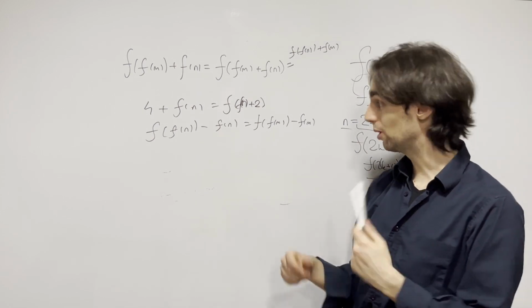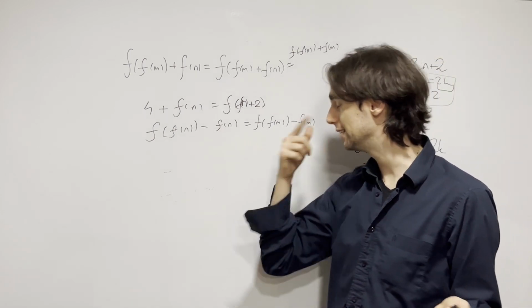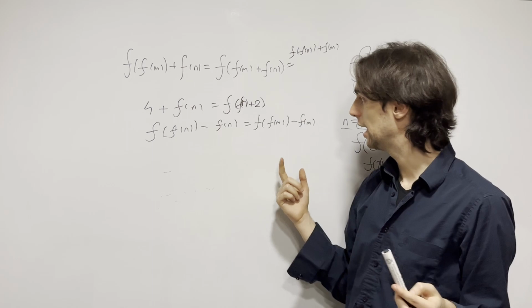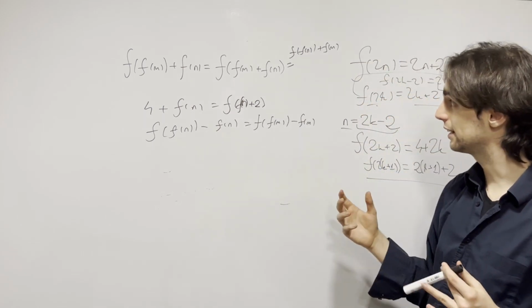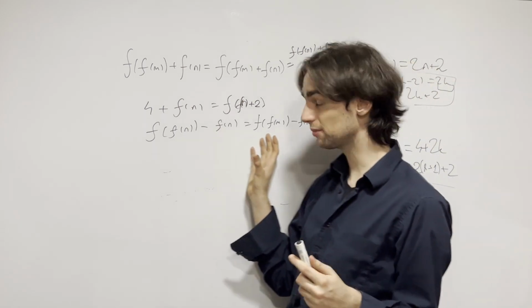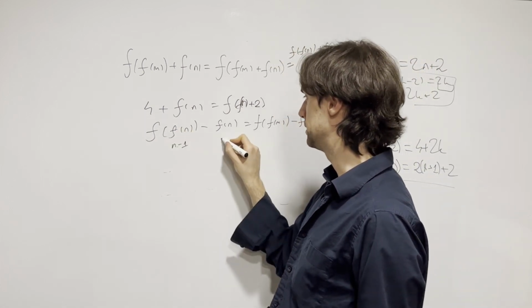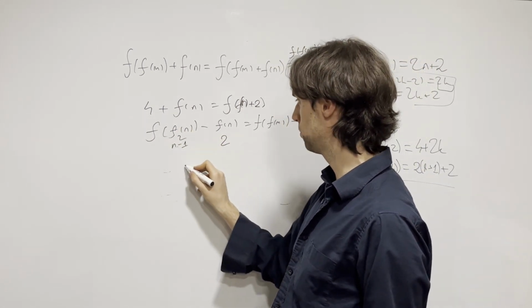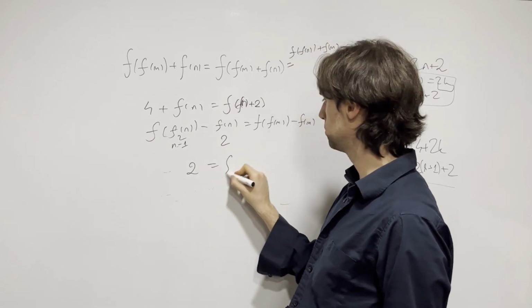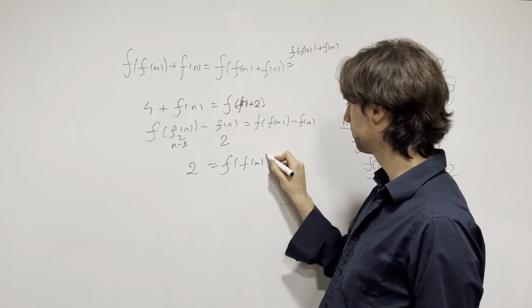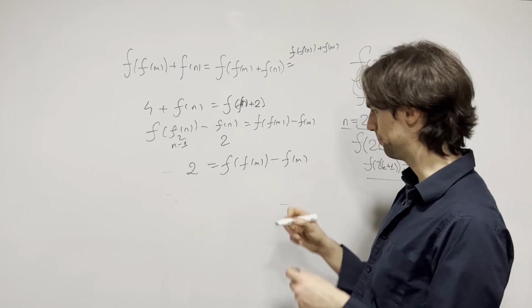Well, you fix one of these, you say n is equal to 1, and you'll get a thing that holds for everything. So if we fix, say, n is equal to 1, we'll get this is 2, this is f of 2, which is 4. We'll get that 2 is equal to f of m minus f of m.